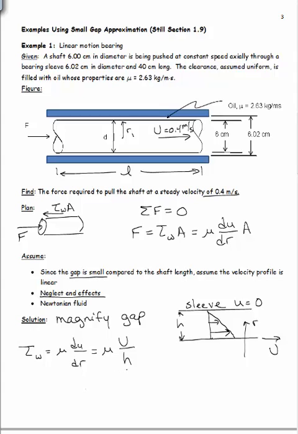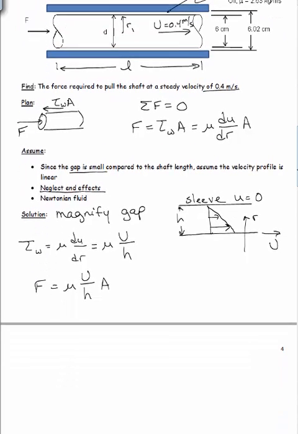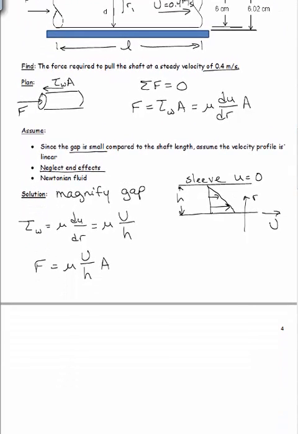All right, so our force then is just mu u over h times A. Okay, so let's think about the A. The A is the area where that shear stress is acting. In this case, if you look at it, that shear stress is acting over that whole outside surface.